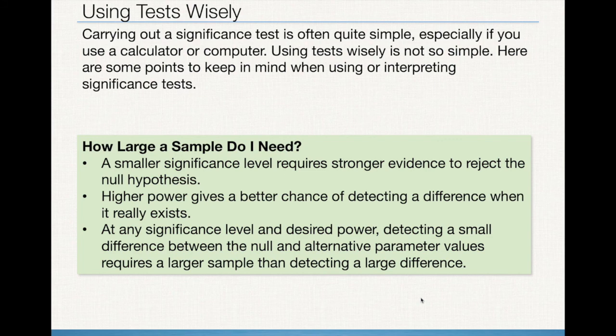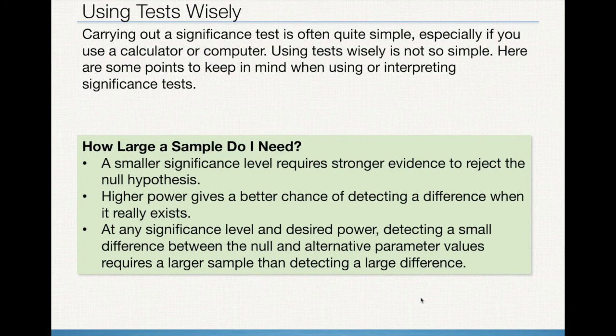So this is an important element to remember, that if we want strong evidence, then we're using a smaller significance level. At the same time, with a smaller significance level, that means that we have higher power. Well, a higher power gives a better chance at detecting a difference if it really exists.